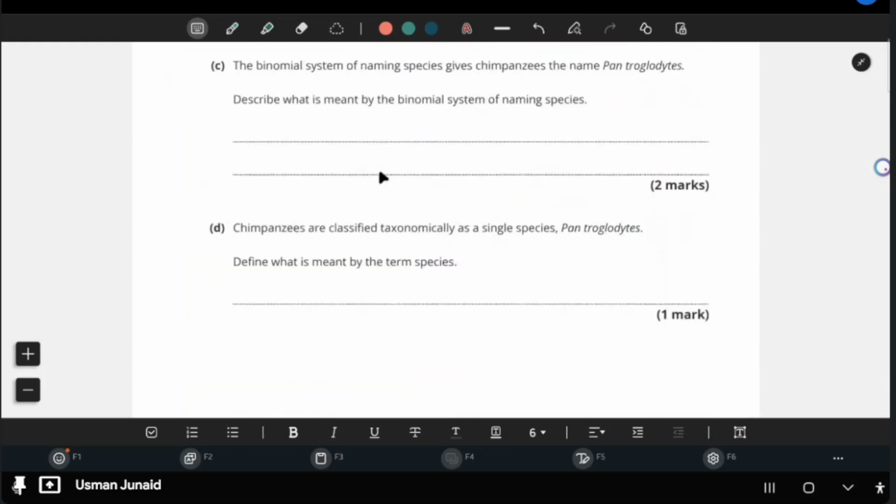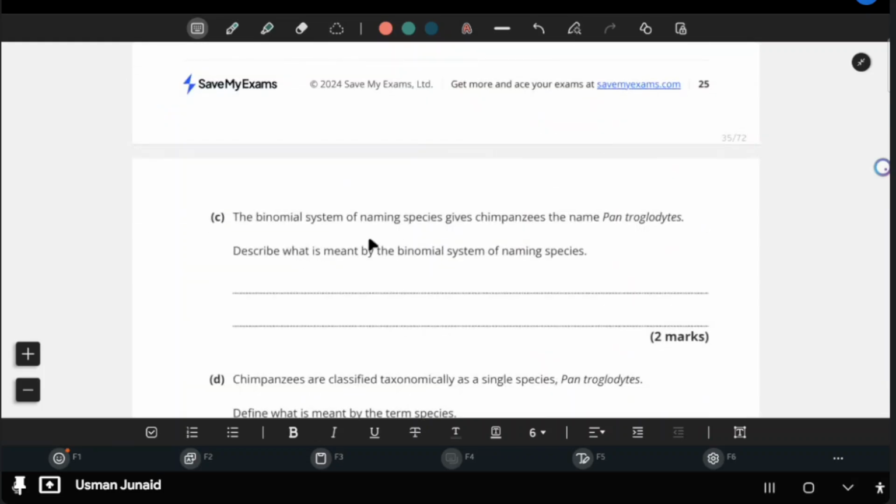So the binomial system says the name is Pan troglodytes. That's the name, right? So what is meant by the binomial system of naming species?